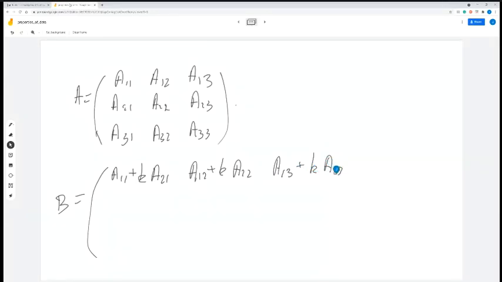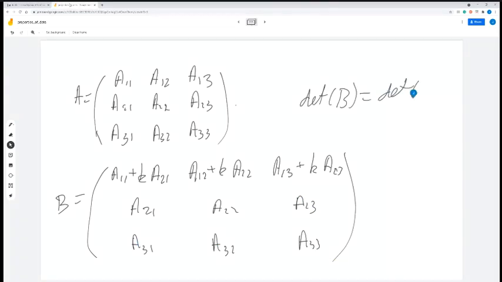And of course, the remaining two rows are unchanged: A21, A22, A23, and A31, A32, and A33. And the claim is that determinant A is equal to determinant B. The determinant is unchanged.